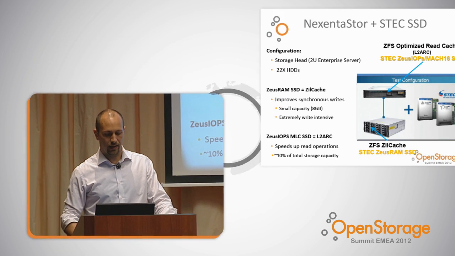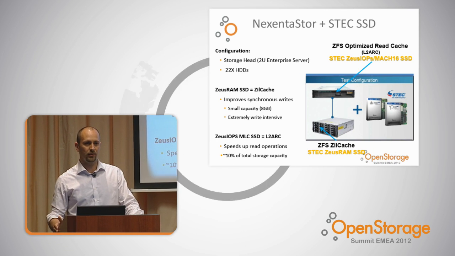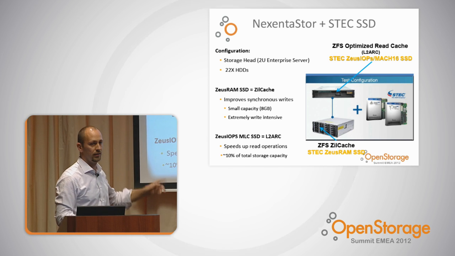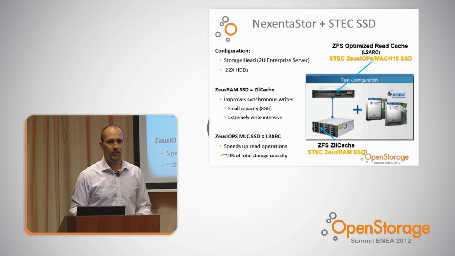The typical configuration that Nexenta is now proposing is to use the Zeus RAM as a ZIL cache, taking advantage of the very low latency and the unlimited endurance of the DRAM for the ZIL, and then get the performance of the L2ARC read cache through the Zeus IOPS, again with a SAS interface.